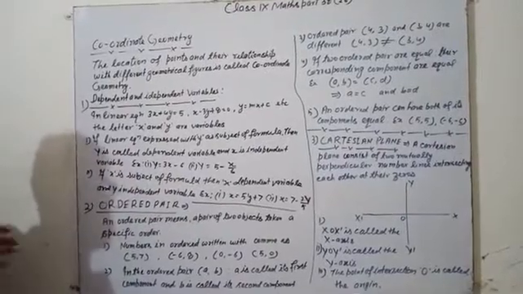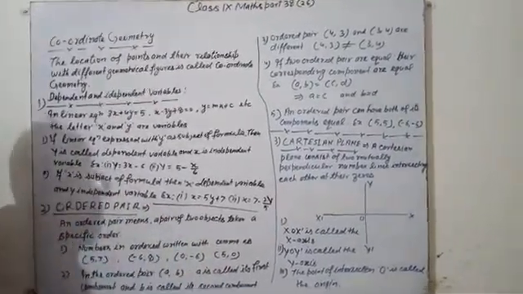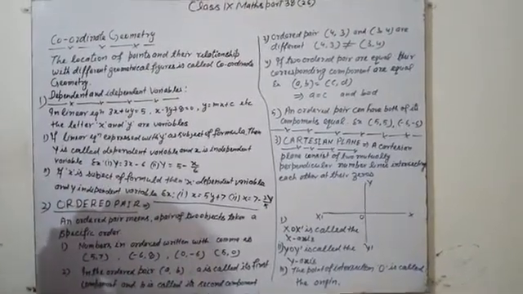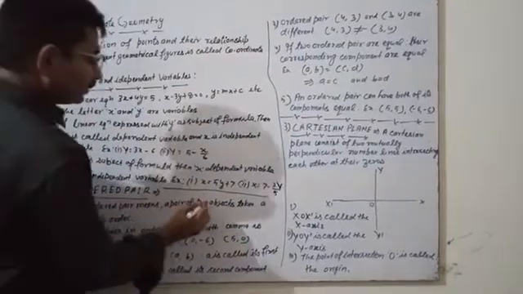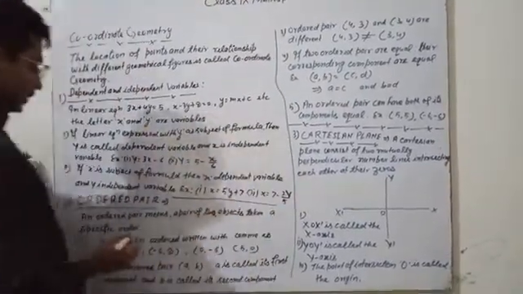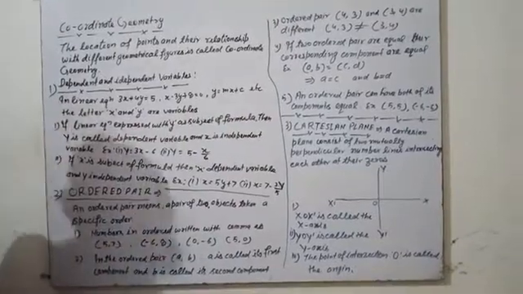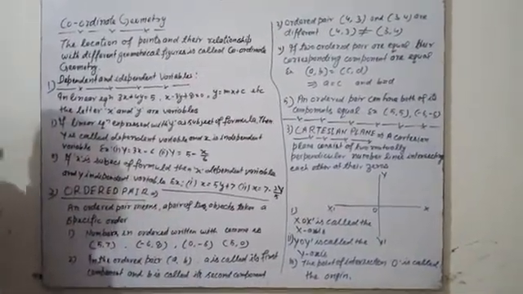Ordered pair. What do you mean by ordered pair? An ordered pair means a pair of two objects taken in a specific order. The numbers in an ordered pair are written with a comma.